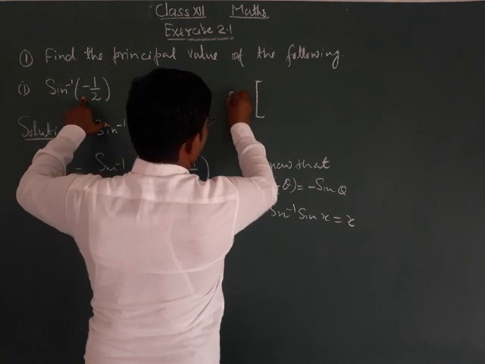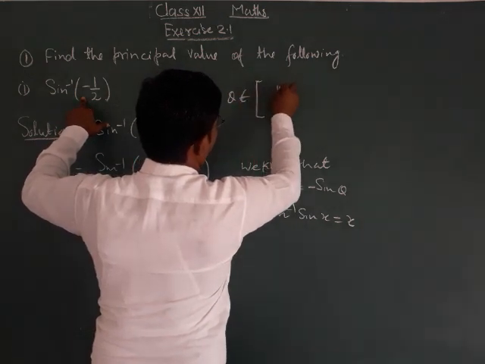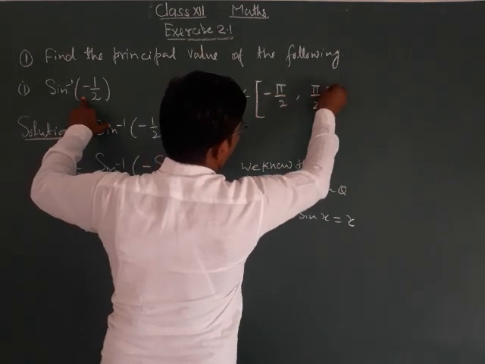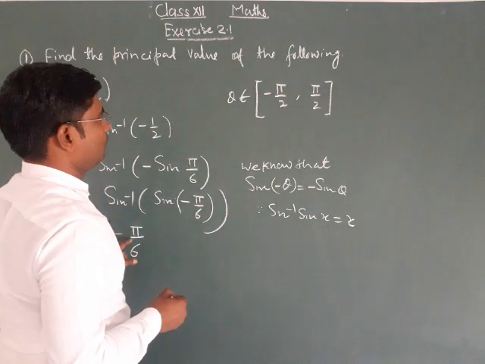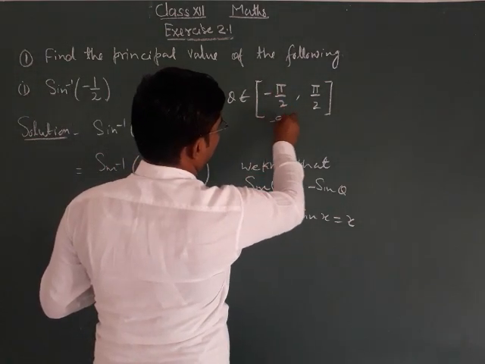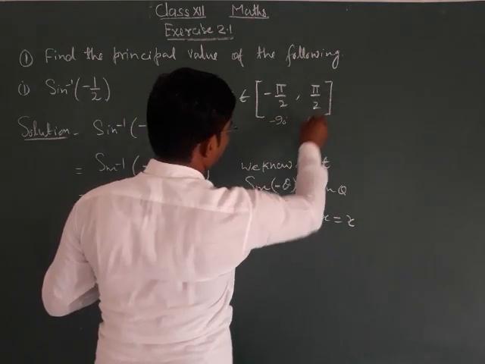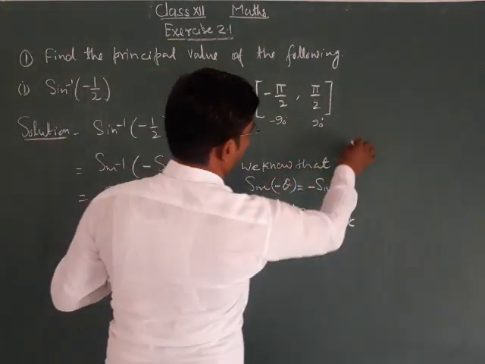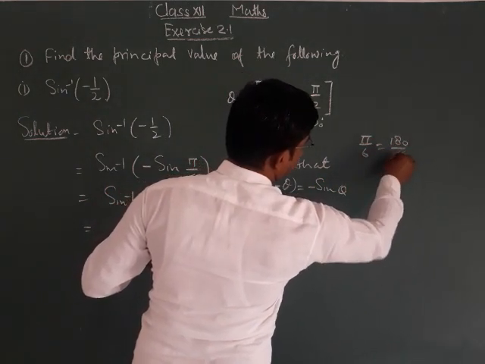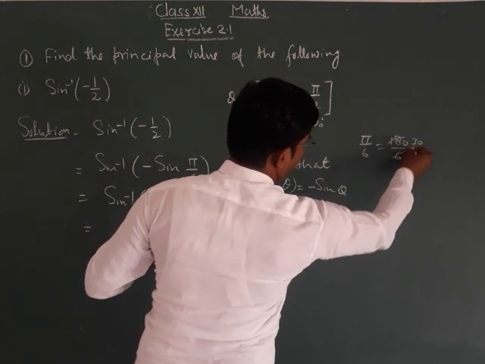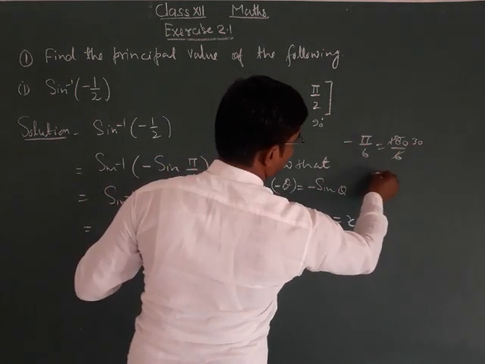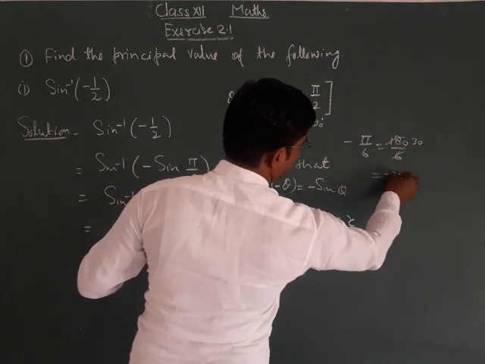Theta belongs to minus pi by 2 to pi by 2, which means minus 90 degrees to 90 degrees. According to this, pi by 6 is 180 divided by 6, which is equal to 30 degrees, so minus pi by 6 is minus 30 degrees.